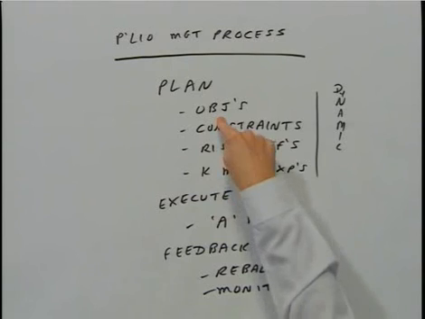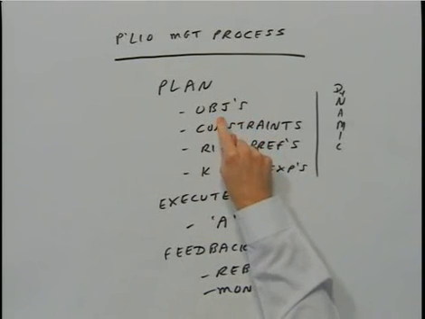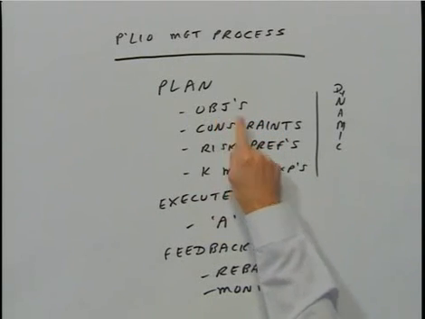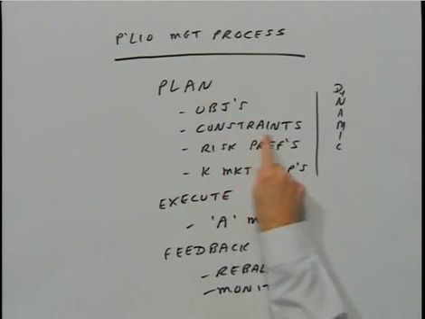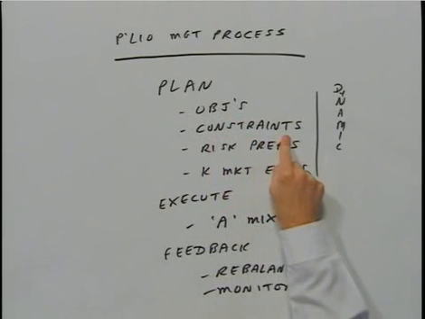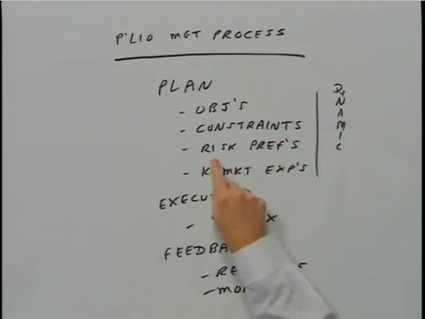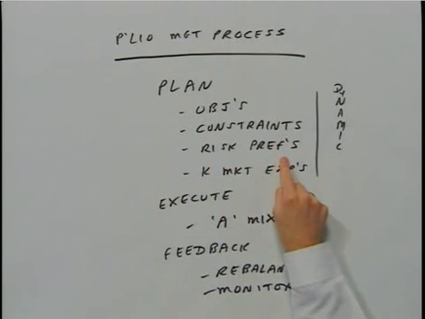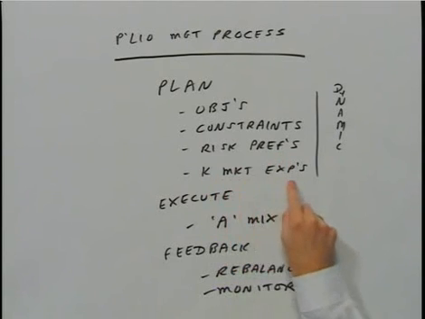And that's typically identified by a rate of return requirement. Are there any constraints? Are there any barriers or limitations that need to be factored in respect of the way they build their program? What is their attitude towards risk? What are their risk preferences? And finally, what are they expecting in general in the capital market?